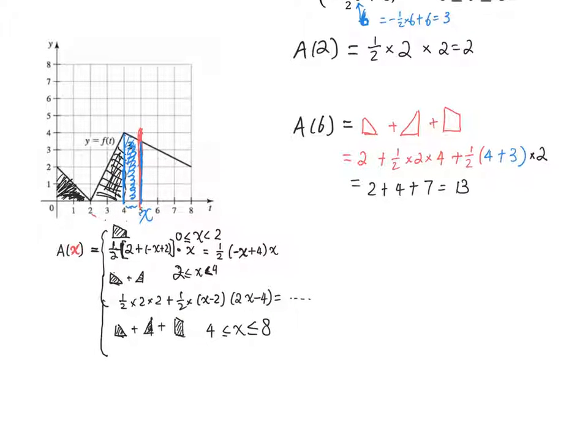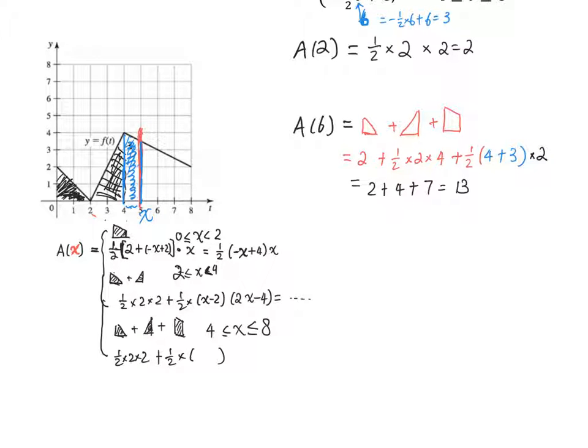Now the area of the first triangle is 1/2 times 2 times 2, plus the area of the second triangle is 1/2 times, now the base here is actually 2. From 2 to 4 the distance is 2, so the base is 2. And the height is, when x is 4, the height is 4.